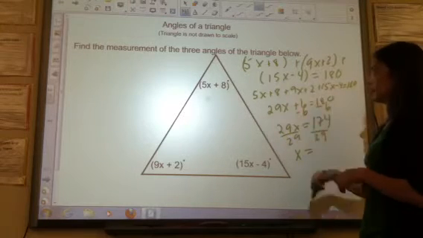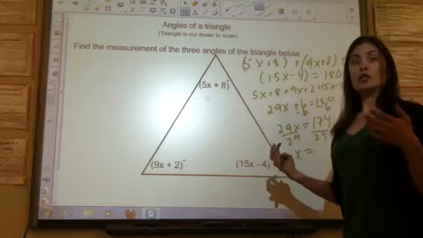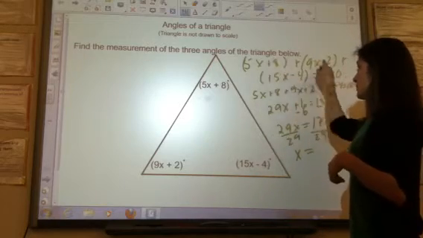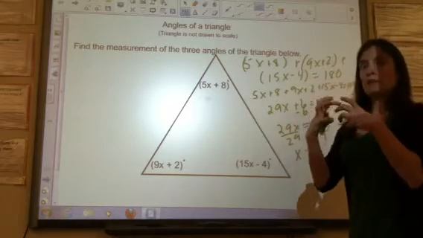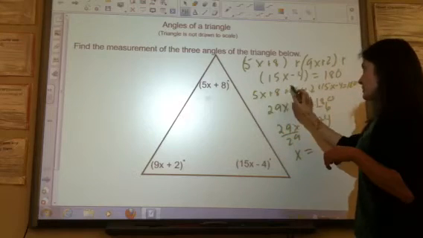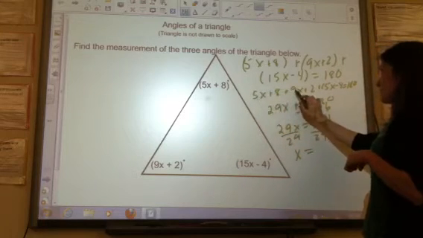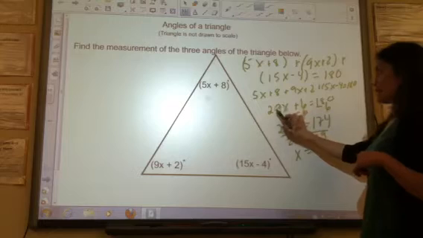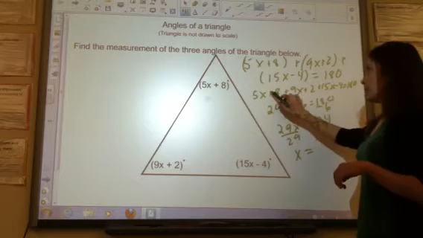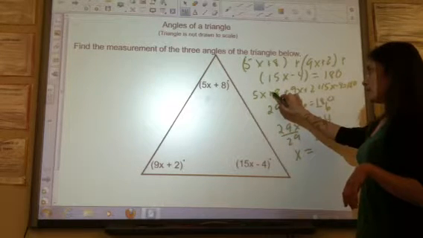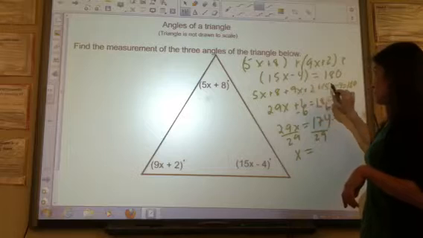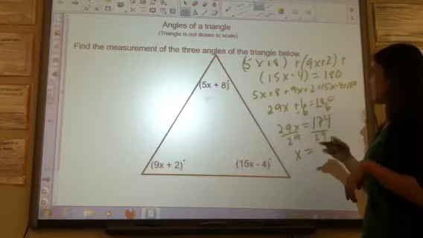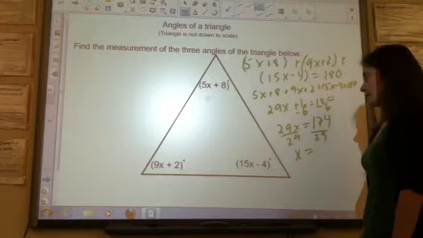When you go through, your next step is to drop the parentheses that show you the value of each angle and combine like terms. You're going to combine 5x plus 9x plus 15x, and you're going to get 29x, and you're going to combine positive 8 plus 2 minus 4, and you're going to get positive 6, and then you're going to go about solving the equation.